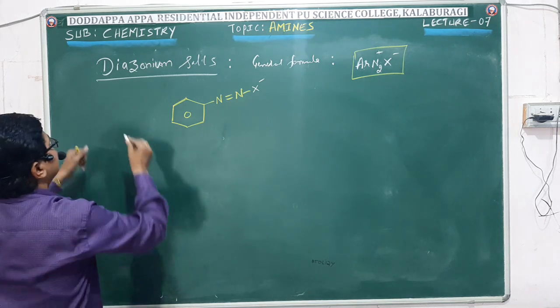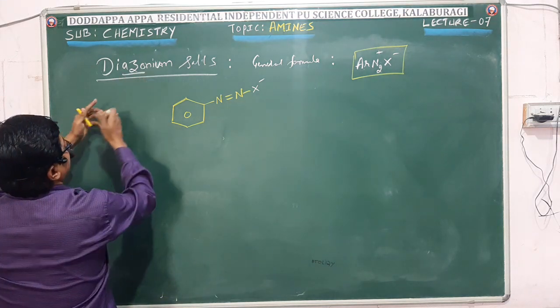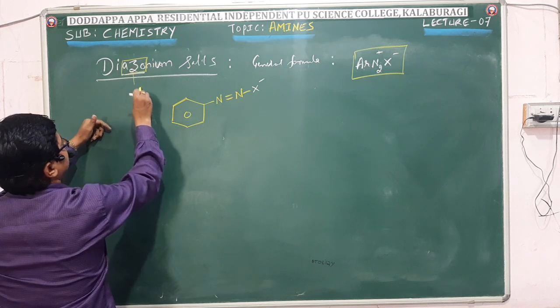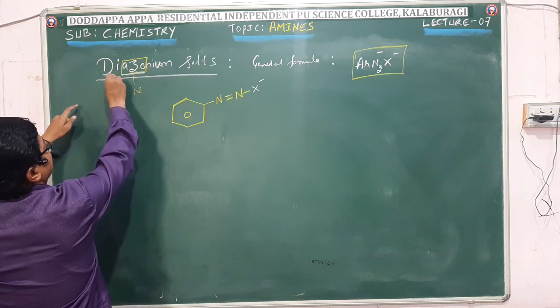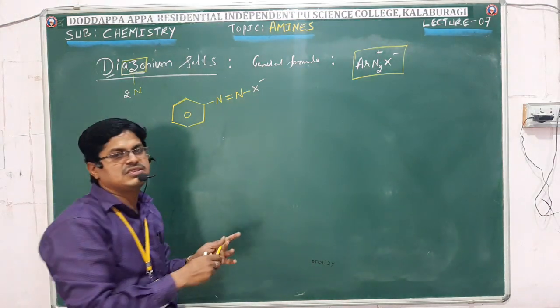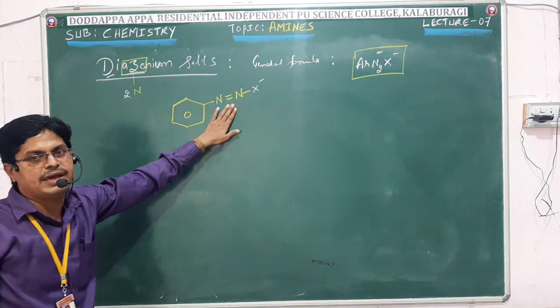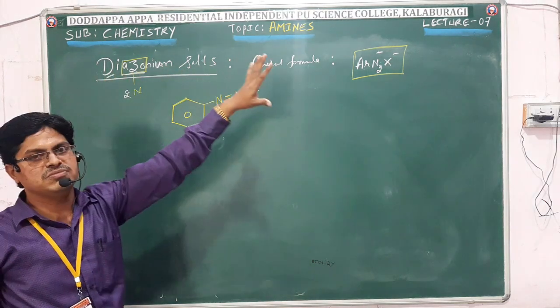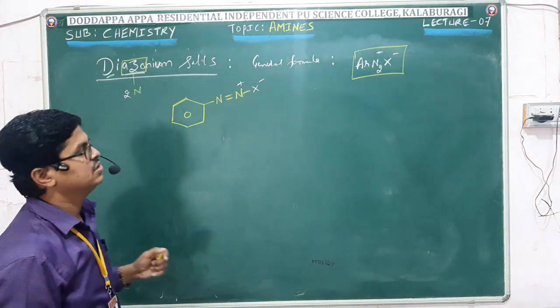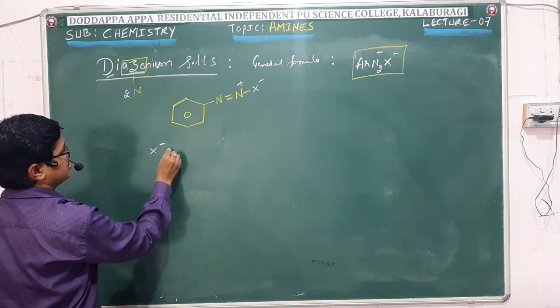That's the meaning. Diazo. Here the name azo stands for nitrogen. How many nitrogen? Di means two nitrogen. The presence of diazo group forms diazonium salt. Of course, it becomes plus, and this becomes X minus. Then what is X minus?